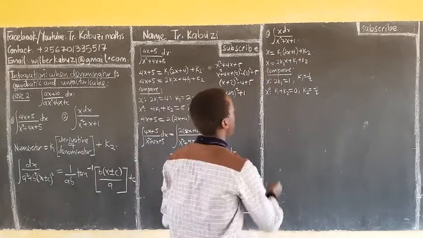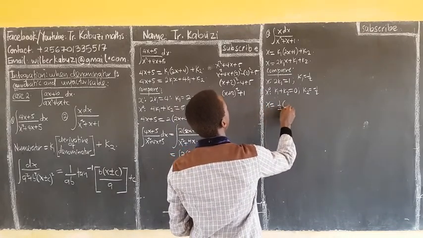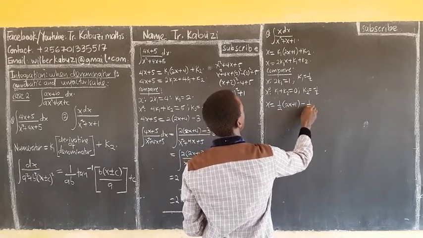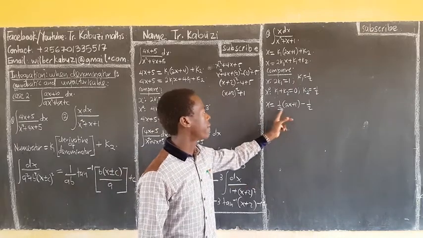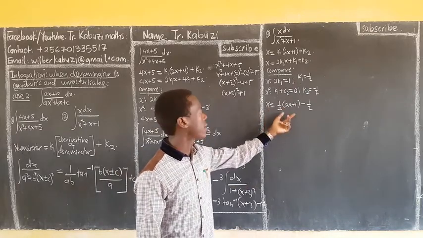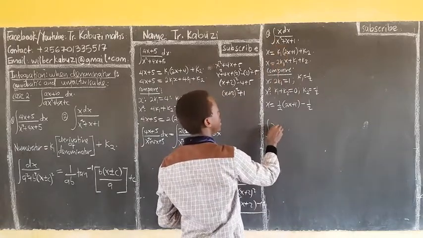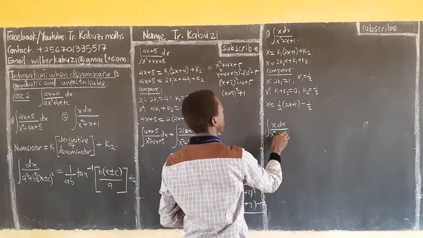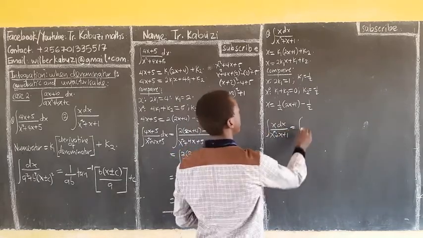Now, meaning that my x will be a half into the derivative, then minus 1 over 2 in that order. So don't simplify this. When you simplify this, you are going to get this. So the whole of this comes here and you substitute it. So now my integral, now this x is this.